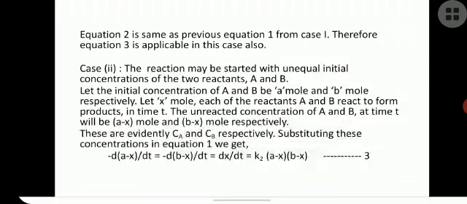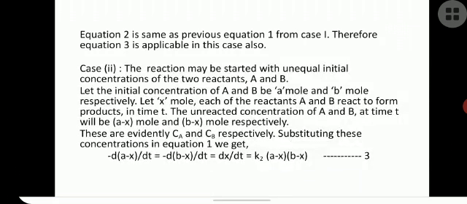Now case second: the reaction may be started with unequal initial concentrations of the two reactants A and B. That is, the concentrations of A and B are not the same. Let the initial concentrations of A and B be a mole and b mole respectively.